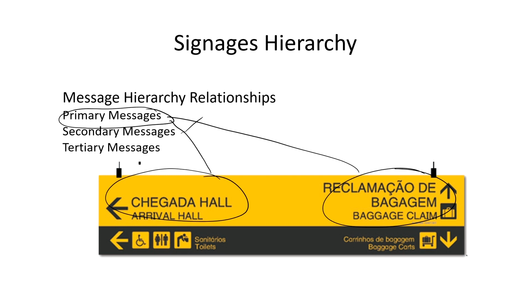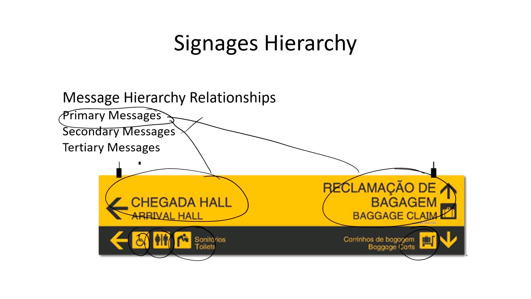whereas the baggage cart availability as well as the location of the toilet and other amenities are given secondary importance.